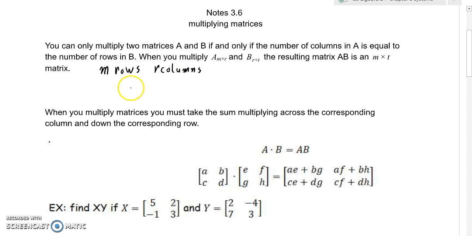When we're looking at our matrix, M is the number this way, R is the number that way. How many columns we have has to be the same as in the other one. There are R rows and T columns.